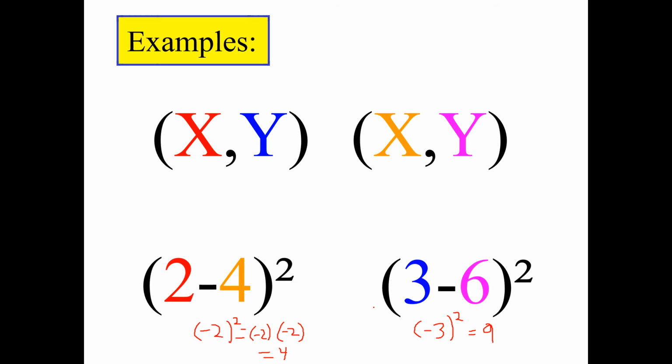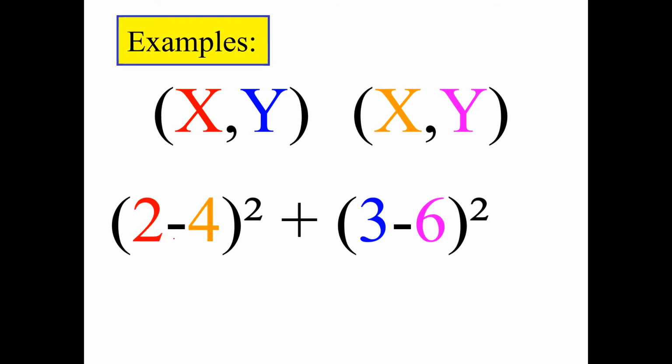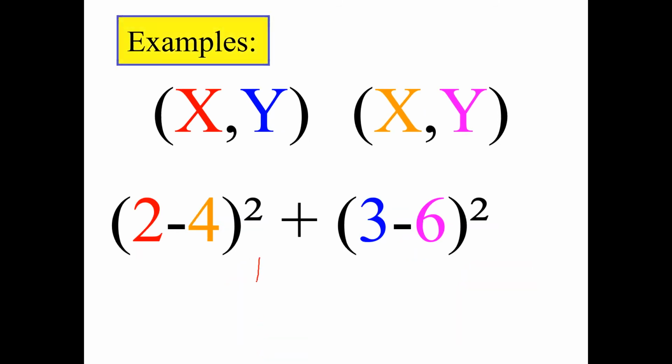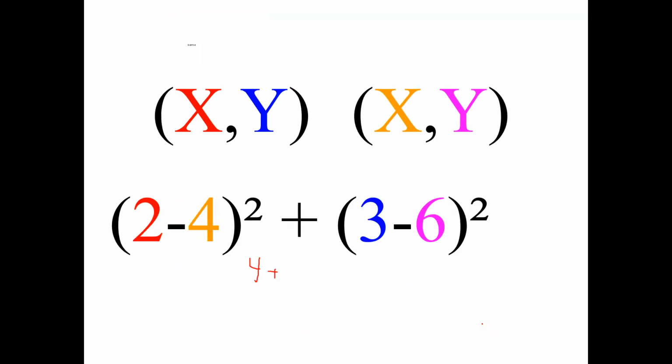So now we have the next step. Once we're fine with squaring these, we need to combine them through addition. So again, these are the same numbers as before. And we found that 2 minus 4 squared is 4. So I can say that this is 4 plus, and I said that 3 minus 6 squared is negative 3 squared, which is 9.